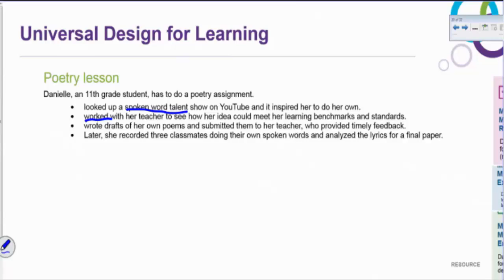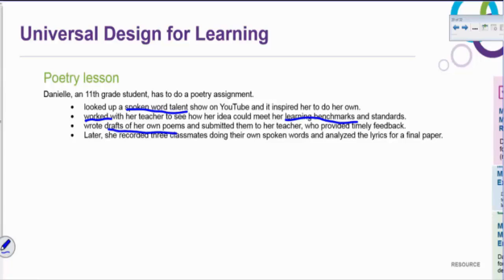So now she works with the teacher, brainstorms ideas, and makes sure the teacher has certain expectations of what the student needs to be able to demonstrate in terms of learning. So the teacher makes it very clear for the student: hey, this is what I need you to learn at the end of this assignment, so let's make sure that whatever you do aligns with those standards. And then she goes on and selects.